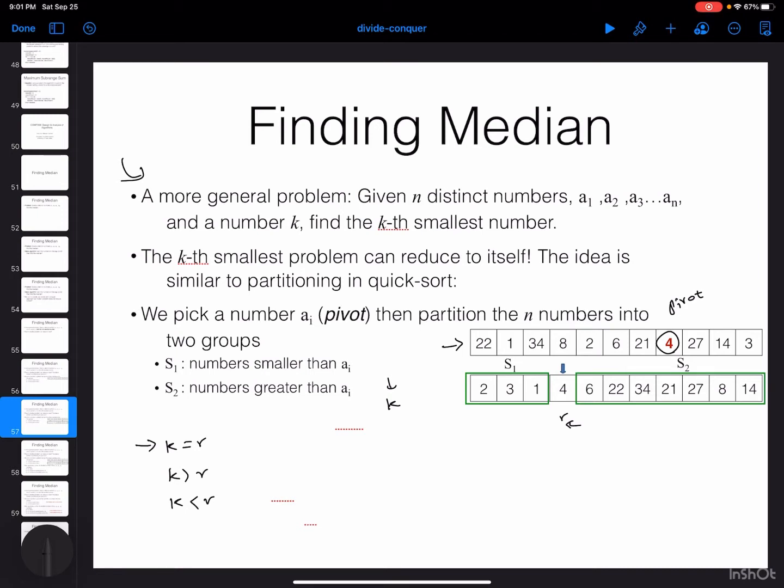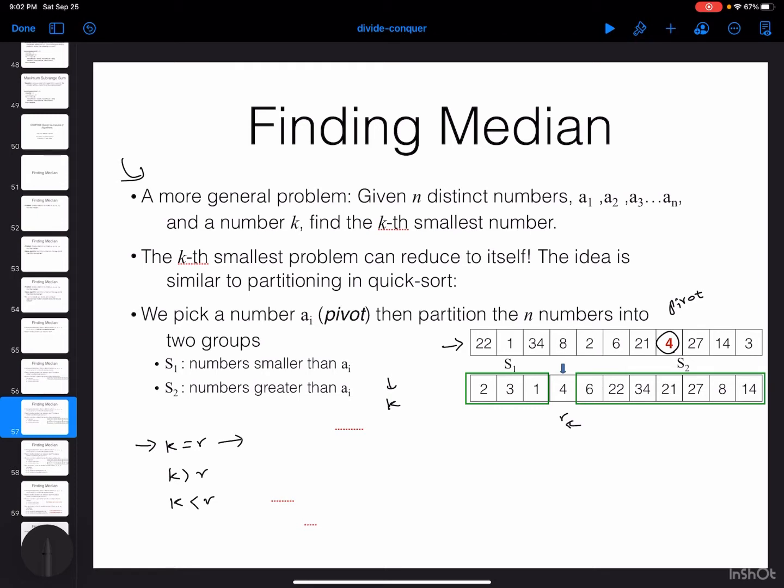Probably I should choose another item here, for example 5. Forget about that. If the value of k is equal to the rank of the pivot, we are lucky, we found it, so we are done. No more recursion. You can just return the value, for example 4, and say that this is the fourth smallest item.